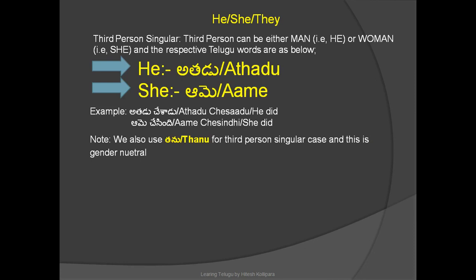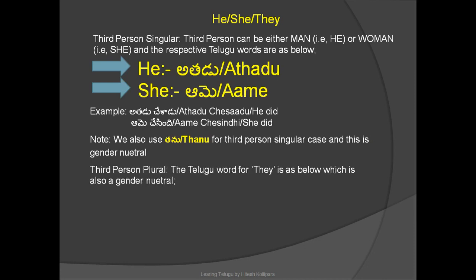Now we know how to say he and she in Telugu, but what about they? Let us see that too. The Telugu word for they is as below, which is also a general neutral.